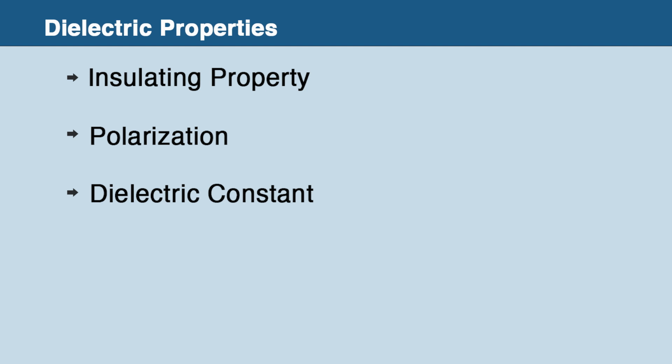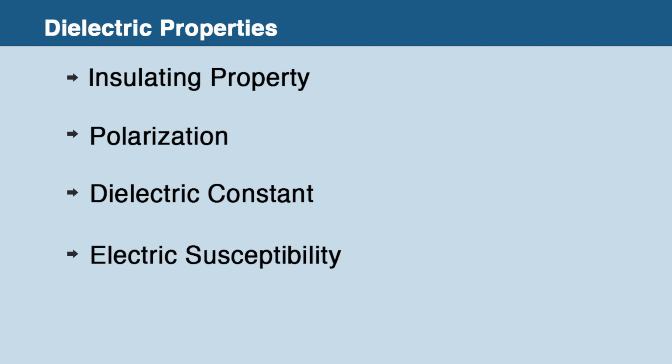The next topic is dielectric constant. Dielectric constant is a measure of a material's ability to store electrical energy in an electric field. Actually, the dielectric constant is defined as the ratio of the permittivity of the material, denoted by epsilon, to the permittivity of free space, denoted by epsilon naught, and higher dielectric constant values indicate a greater ability to store electrical energy.